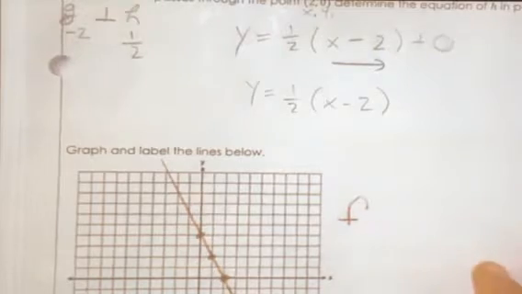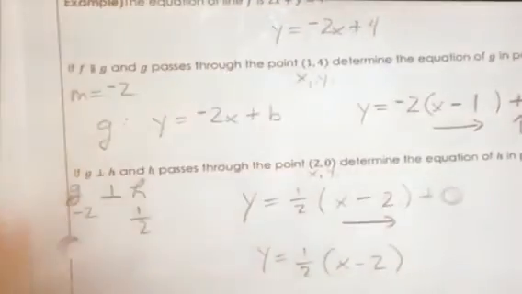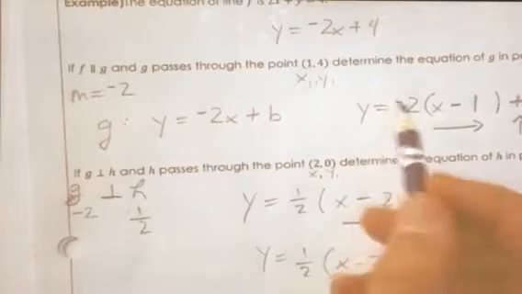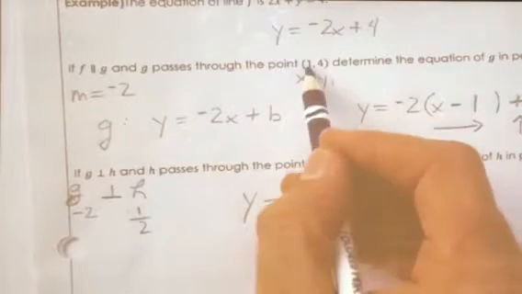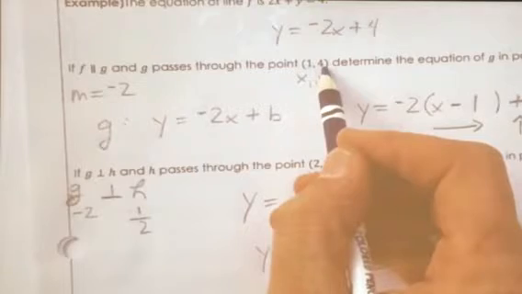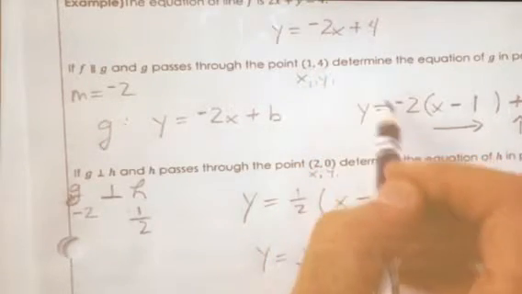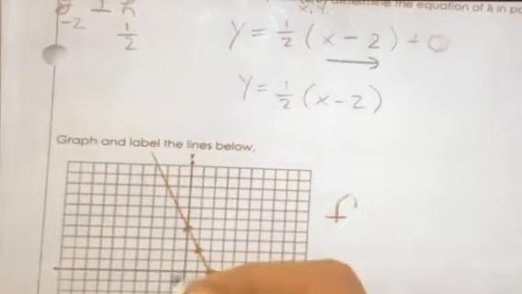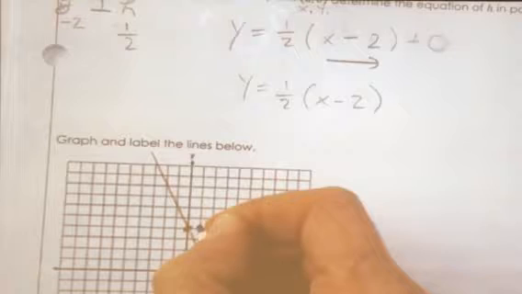Now G. What do I know about G? For G, I need to hit the coordinate 1, 4. And then I need to put a slope on of negative 2. So I'm going to go to 1, 4.